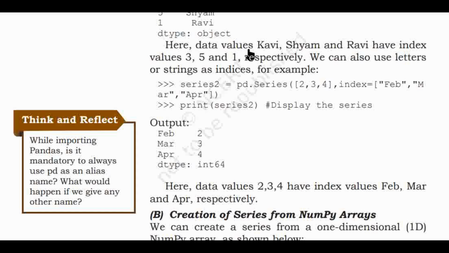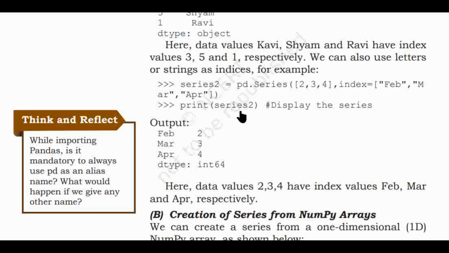Here data values Kavi, Syam and Ravi have index values 3, 5 and 1 respectively. We can also use letters or strings as indices. For example, series2 = pd.Series([2,3,4], index=['Feb','Mar','Apr']), using Feb, March and APR for April.